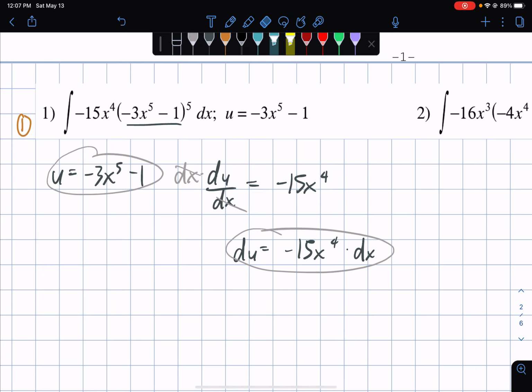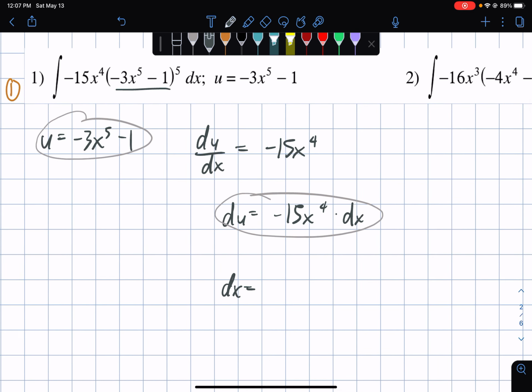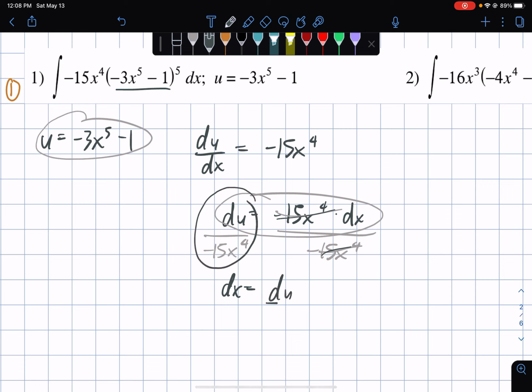Moving on, we have to find dx. How will dx be taken? Coming from this, if you divide both sides by negative 15x raised to 4, you cancel these things, and then dx is equal to du over negative 15x raised to 4.